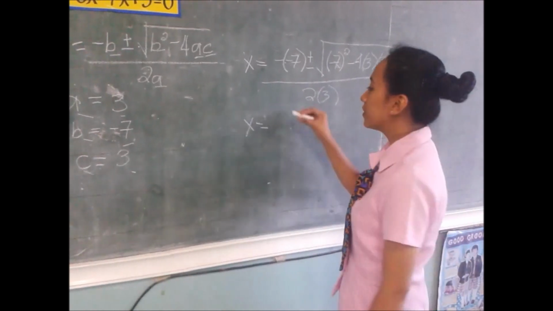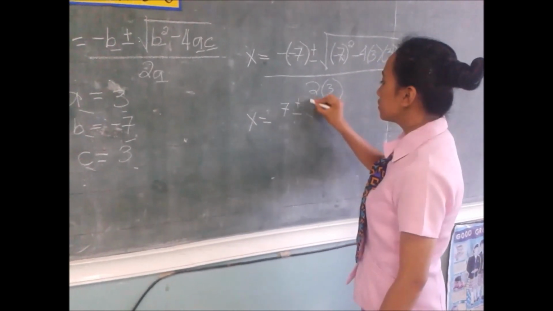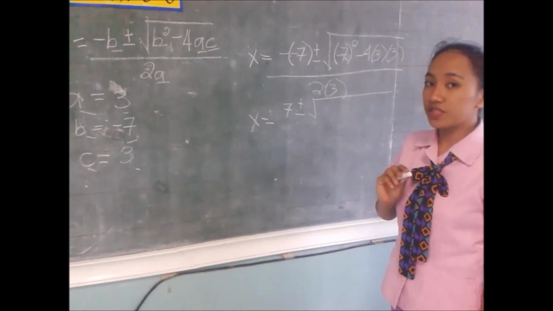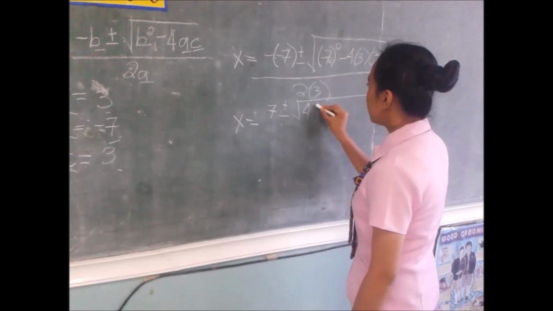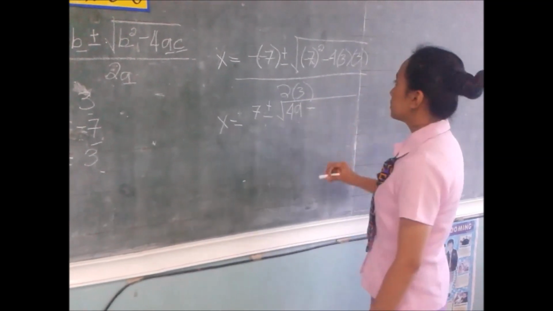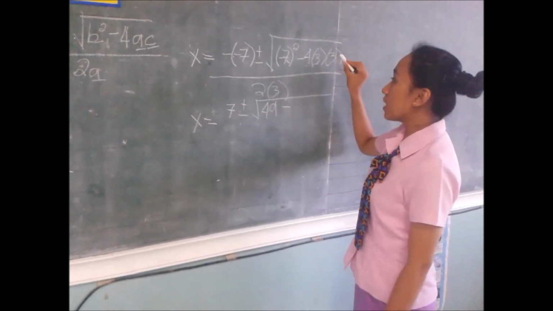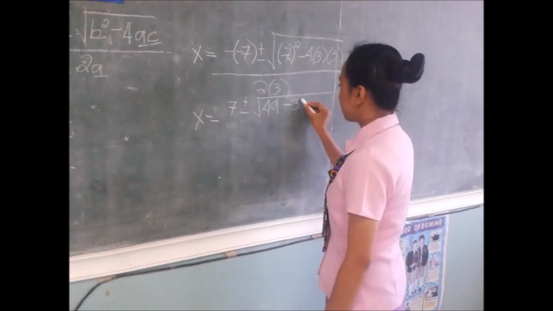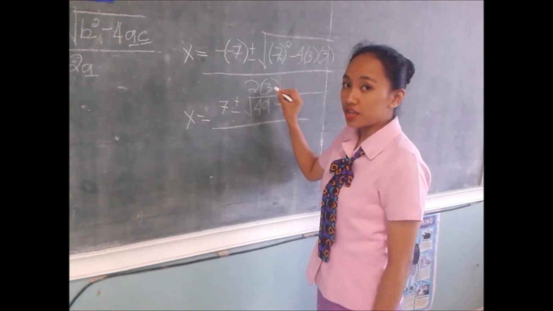So we have 7 plus minus square root of negative 7 times negative 7 is equal to positive 49 minus 4 times 3 is equal to 12 times 3 is equal to 36. All over 2 times 3 is equal to 6.